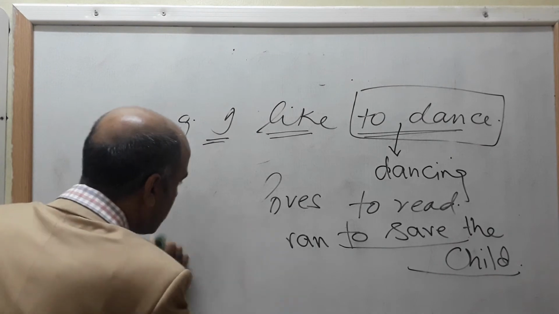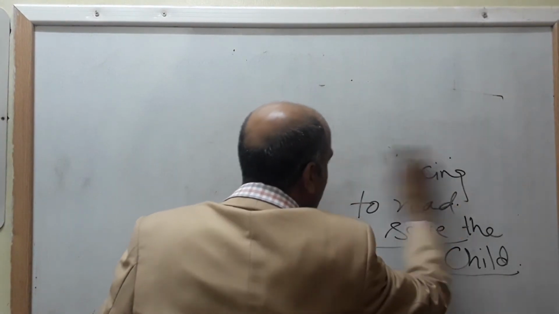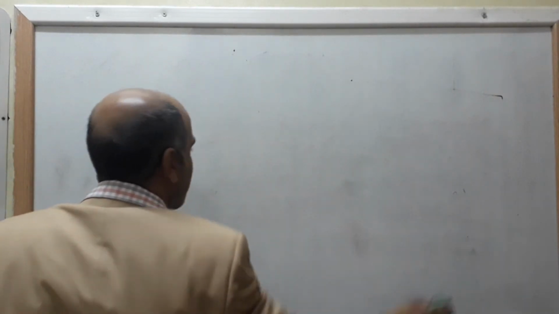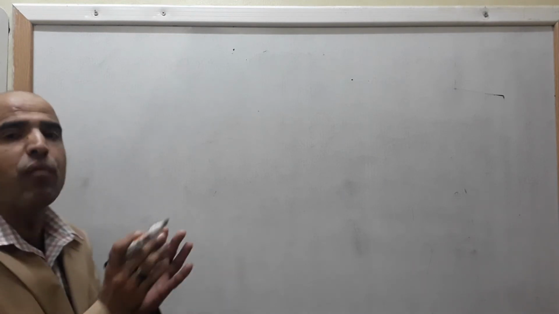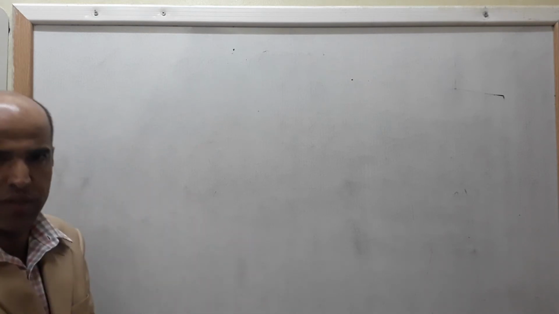Now, the third use of infinitive is that your infinitive could be used as a subject complement. In order to understand that, what is a subject complement? Complement is a group of words that provides additional information about your subject.